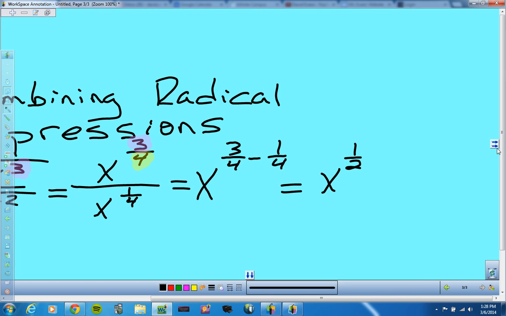So at this point, you have to say, do they want it to be rational or radical? This one is rational. It just depends on the direction. This one would be radical.